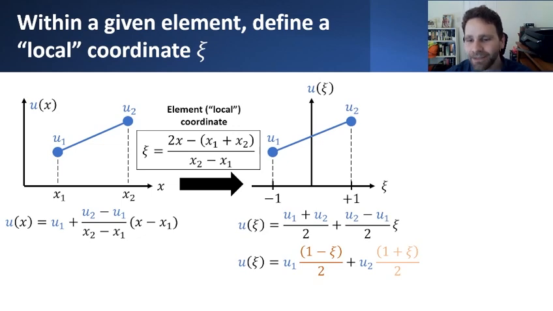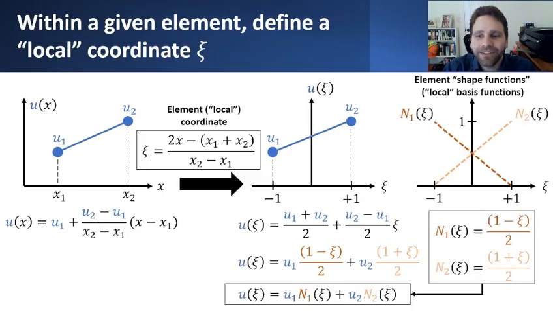And now that I have things manipulated into this format, you can probably see where I'm going with this. The idea is this. If I can choose to represent this function u as a function of psi in a format that looks like u1 times some basis function, n1, plus u2 times another basis function, n2, then I can make the argument that local to this element, there are these sets of basis functions, which I'll call n1 and n2.